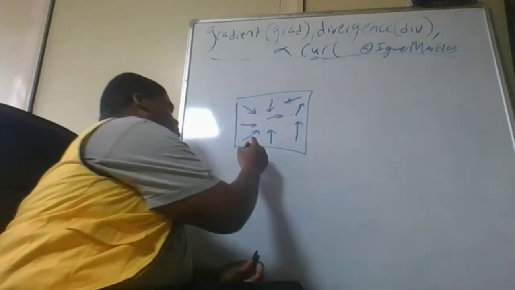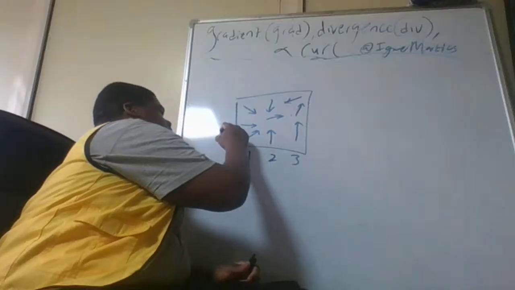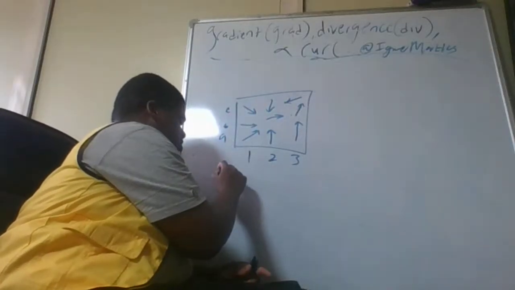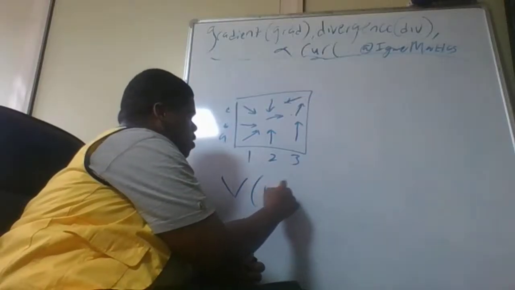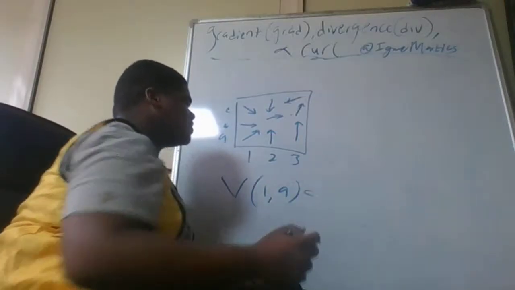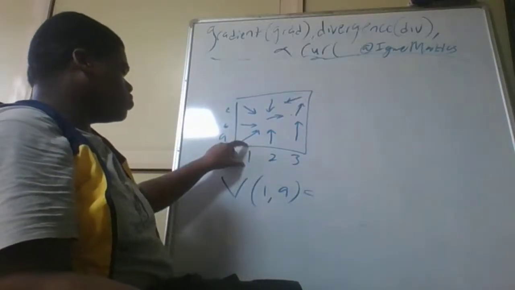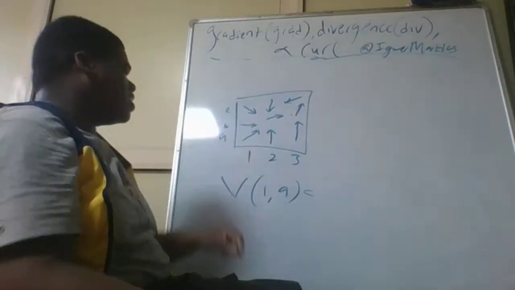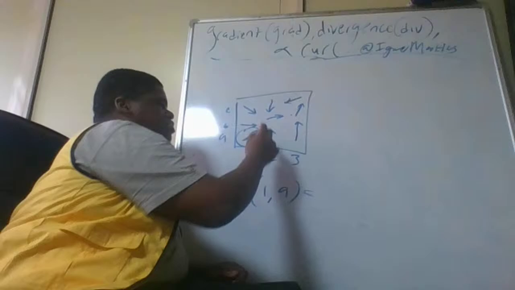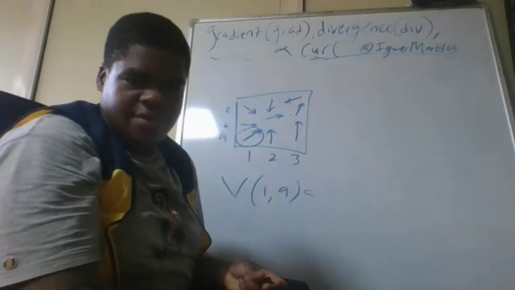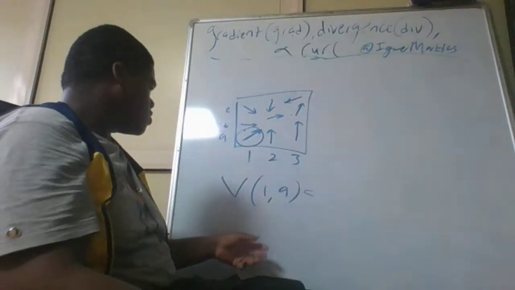So remember this: if I ask you at the point 1, A, what is the vector at that point? You go to 1, A, that is this point here, and the result it gives you is a vector pointing towards a particular direction. Okay.